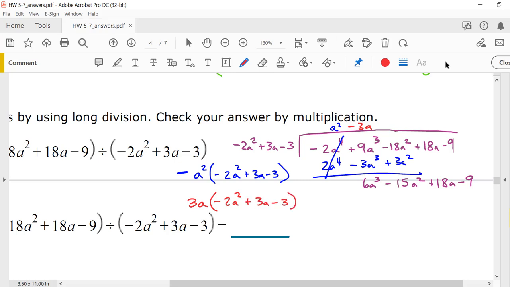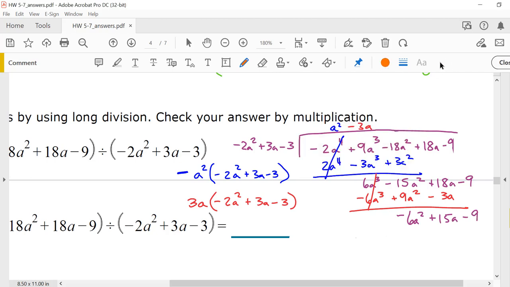I get negative 6a cubed plus 9a squared minus 3a. 6a cubed minus 6a cubed is gone. Negative 15a squared plus 9a squared is negative 6a squared plus 15a minus 9.